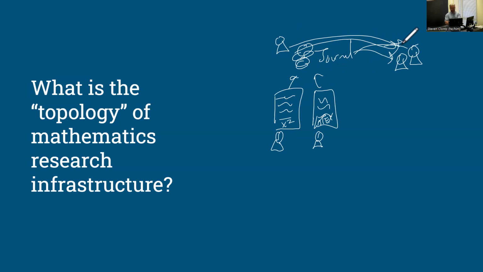But we get feedback on the accuracy of the math or the quality or importance of the math, and they send that back to the editor. And then if the editor deems it worthy, with the input of the referees or reviewers, whatever you call them, then it goes to a website.